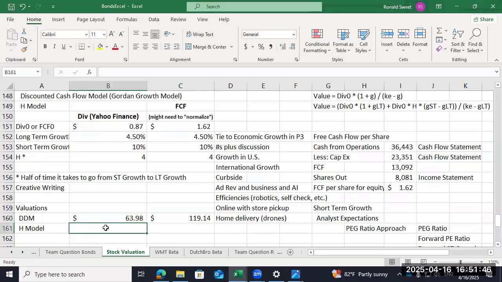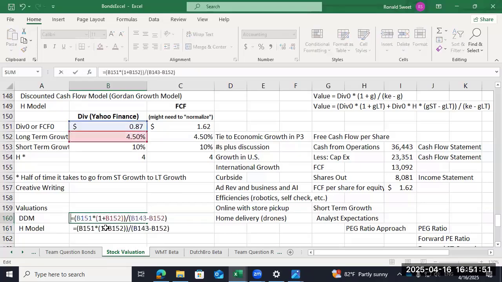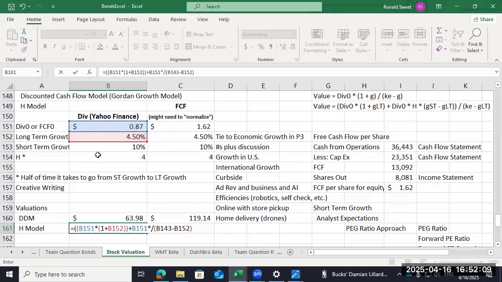Let's do the H model next. Remember, the H model is the same formula again, but we're going to add in that special period. So use the dividend discount model again, and then you add in dividend 0 times H times short-term growth minus long-term growth.